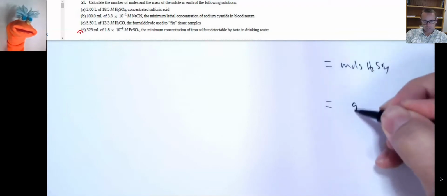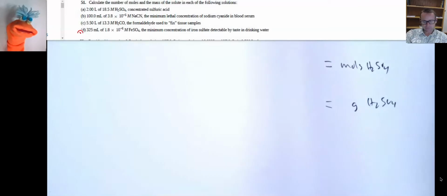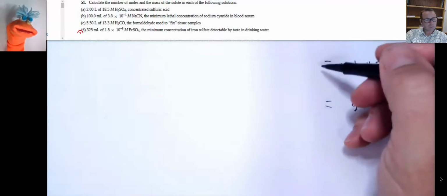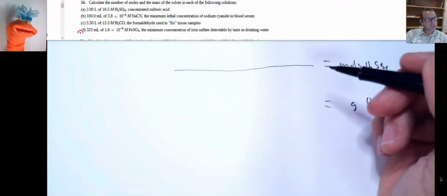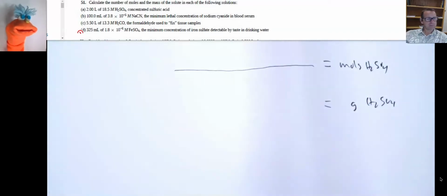I'm also interested in knowing grams of H2SO4, right? So for moles, start off with 2 liters, 18.5 molar.